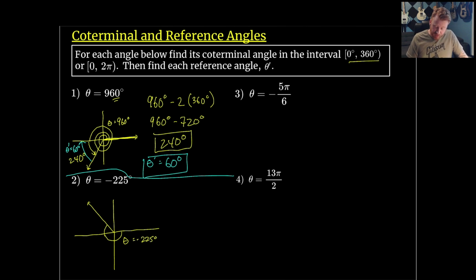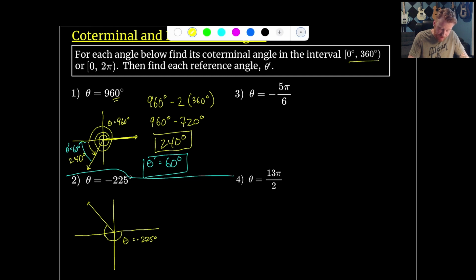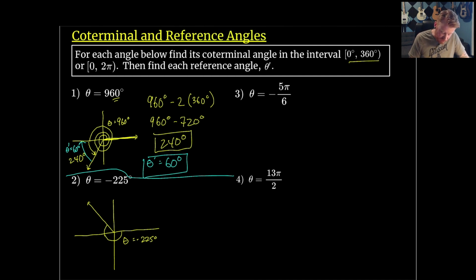We want this to be a positive value. So what we're going to do is think about moving back in the positive direction and making one full revolution until we get back to where we started, and now we should have a positive value. So if we're at negative 225 degrees, we need to add one full revolution to get back around.